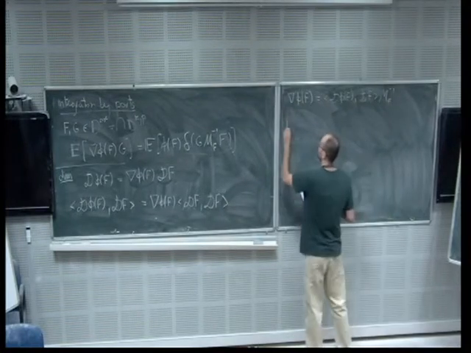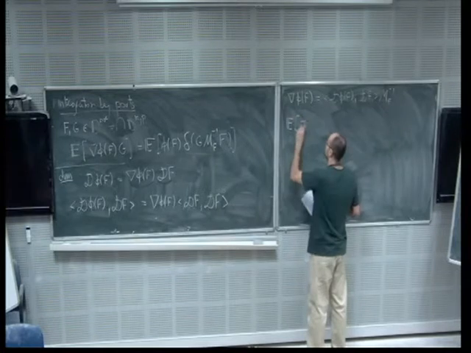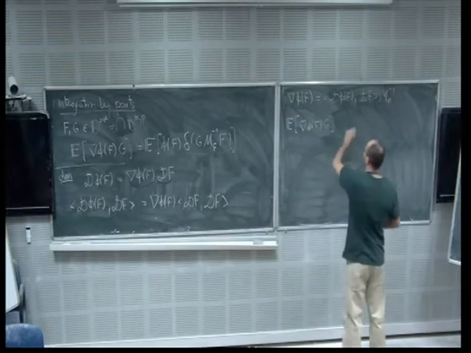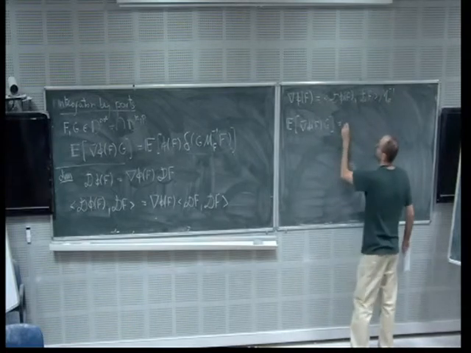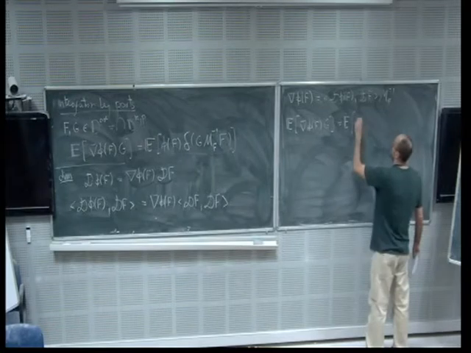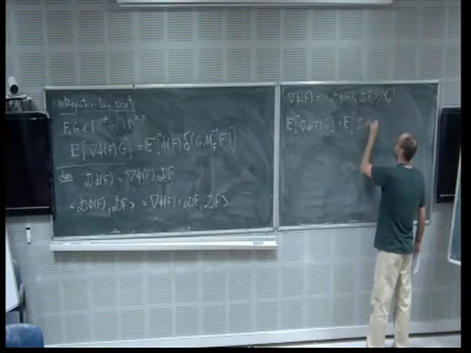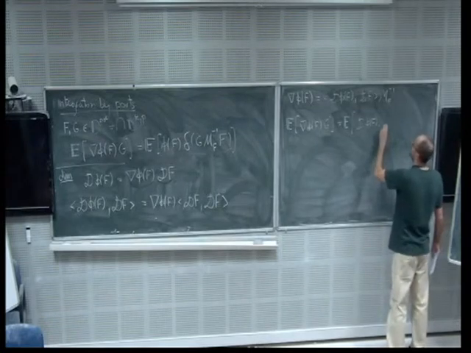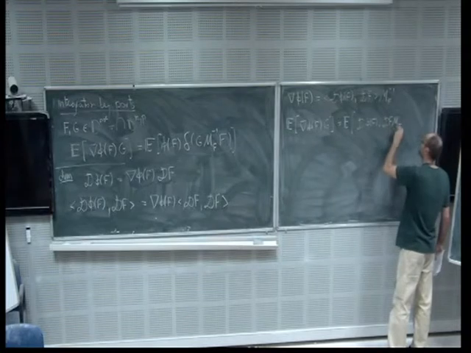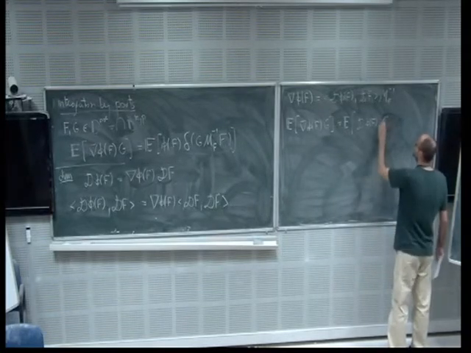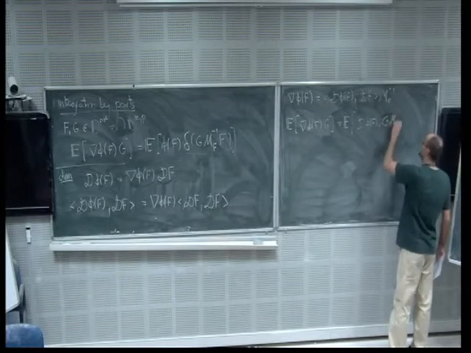So if we write this and we replace, this is the expectation of g times the Malliavin derivative to the power minus 1.